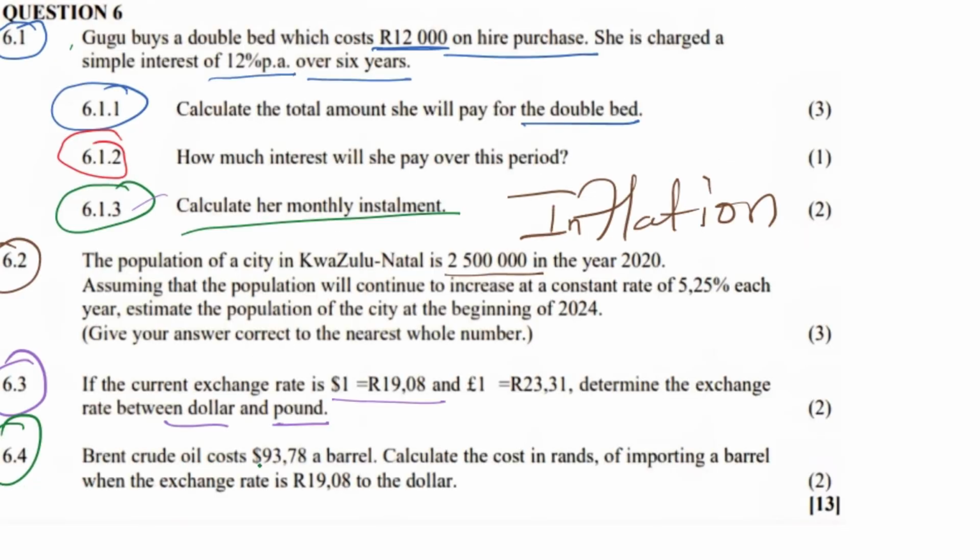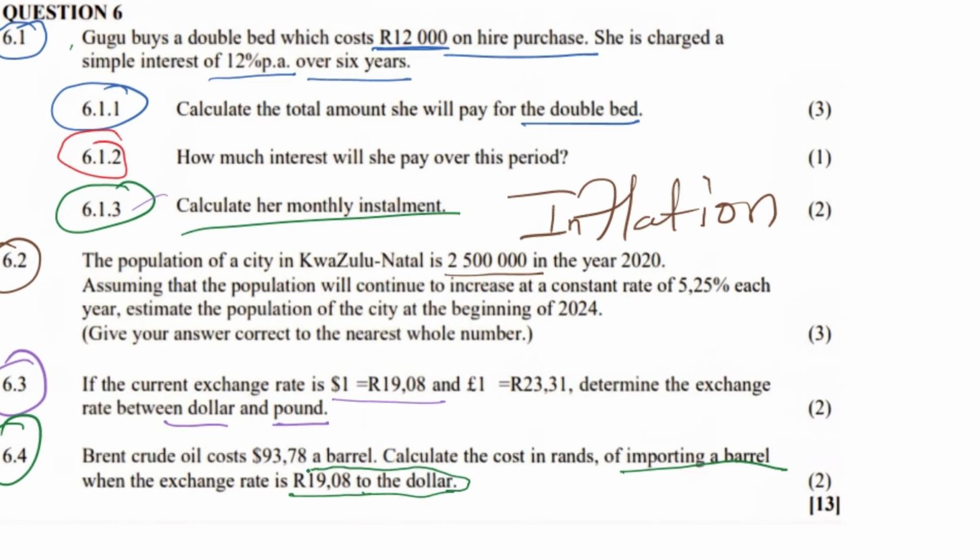6.4. Brent crude oil costs $93.78 a barrel. Calculate the cost in rands of importing a barrel, when the exchange rate is 19 rand 8 cent to the dollar. So we are given the exchange rate here.